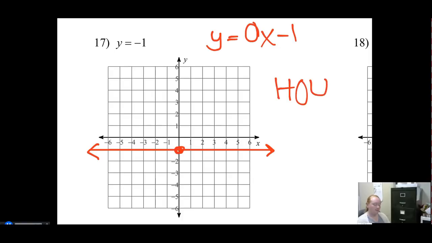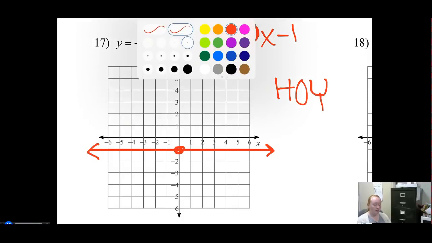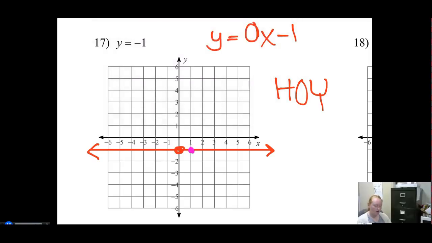Again, some of us like using the HOI. Others like to go and make sure that when they plot 3 dots, that they all have -1 as their y.